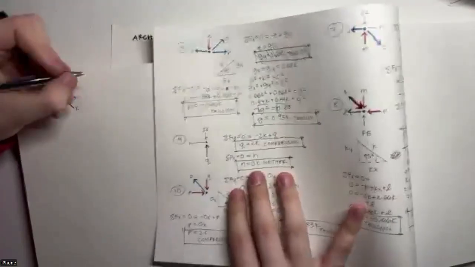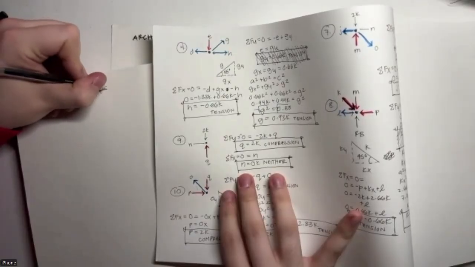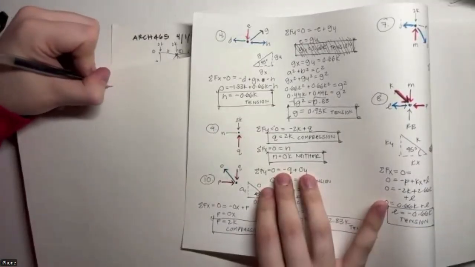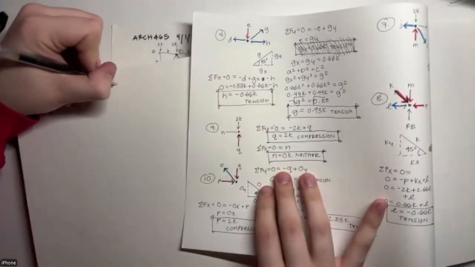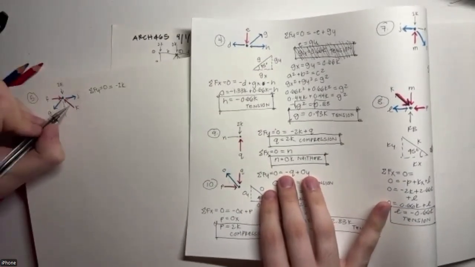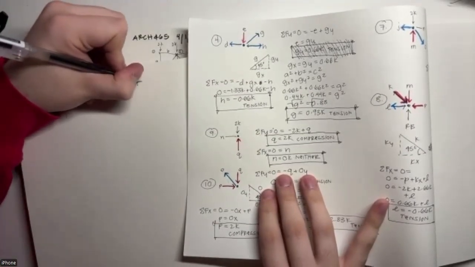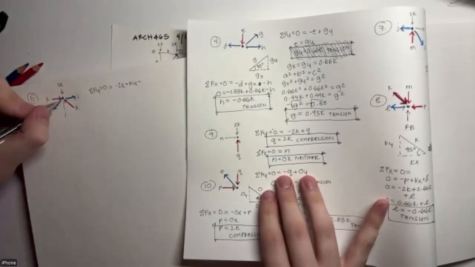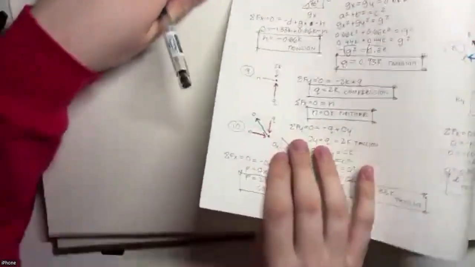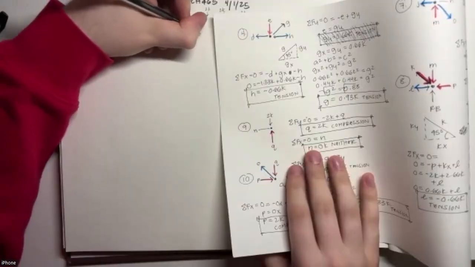Okay, so let's do sum of the forces in the y direction equal to 0. That is equal to, let's see, negative 2K plus KY going up, minus GY, because GY is pulling down.